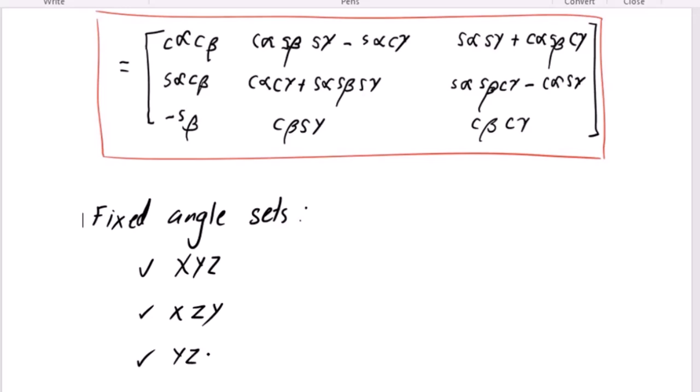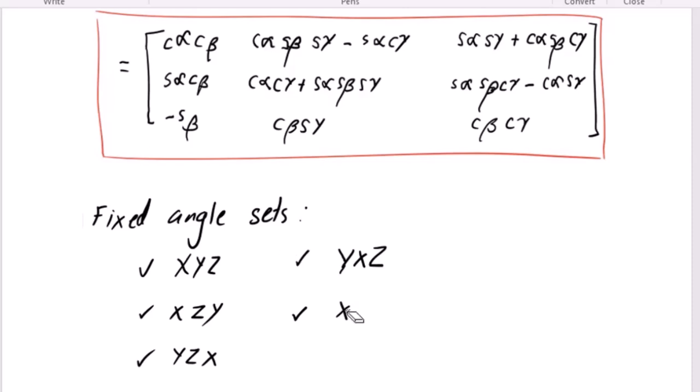This is y, z, x. What else? X, y, we have already x, z, y. So that will be y, x, z. What else? We have x, z, y. No, we have x, y, z.